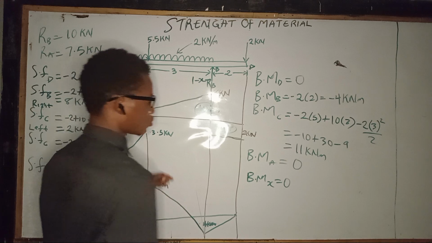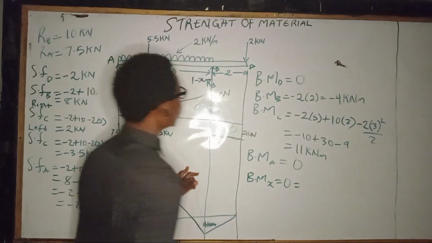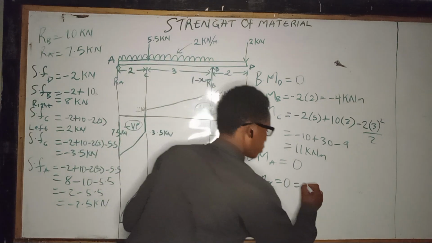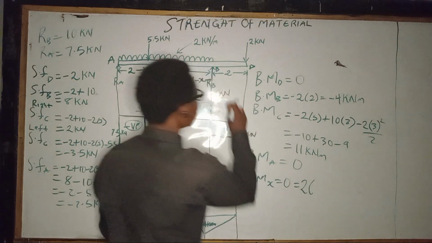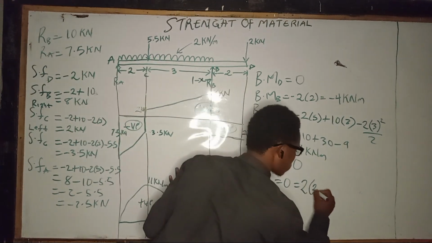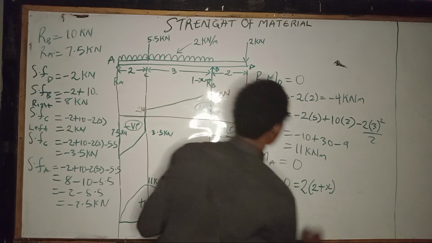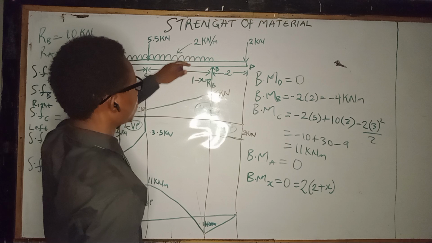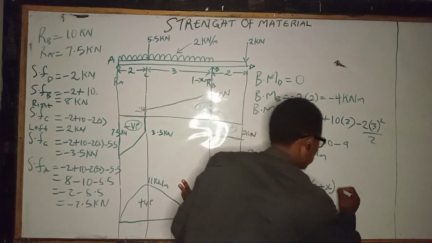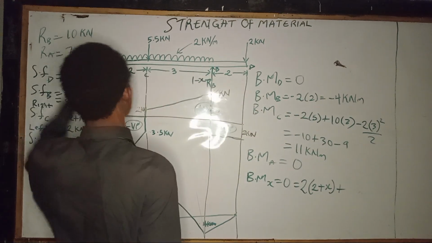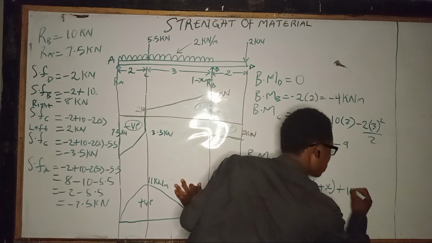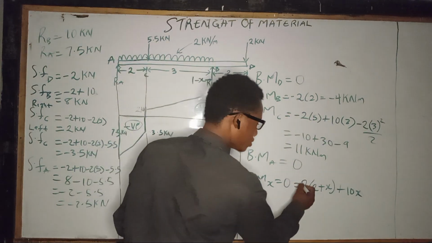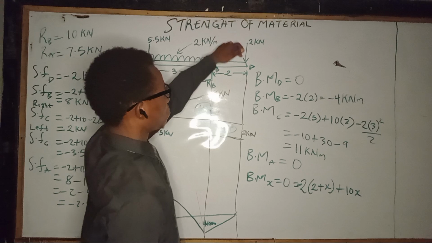We have 2 times the distance, that is 2 times (2 plus x), then the reaction, which is 10 times x, that is 10x, and this 2 here will be negative since this one is pointing in the upward direction.